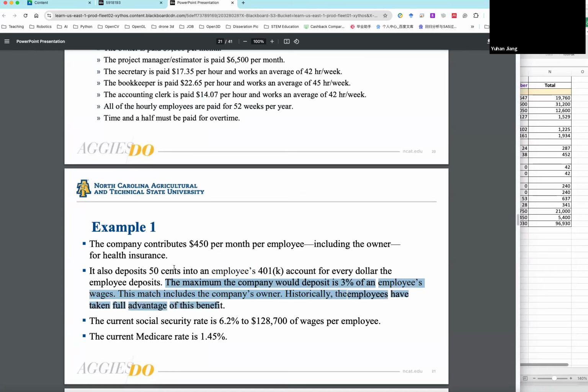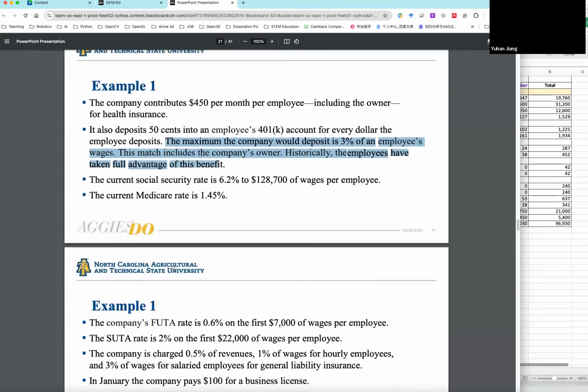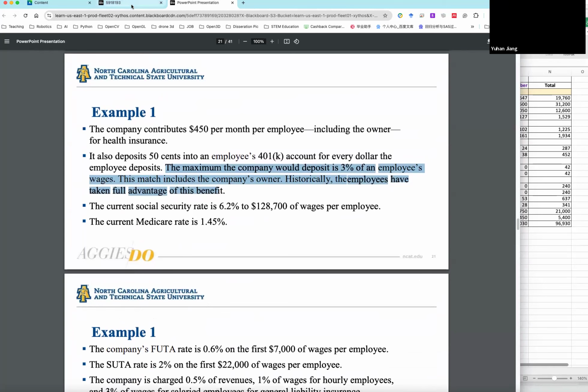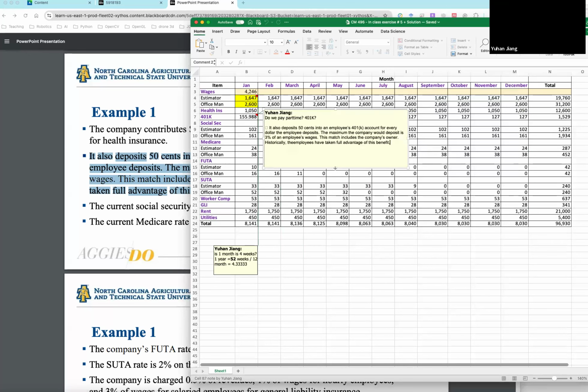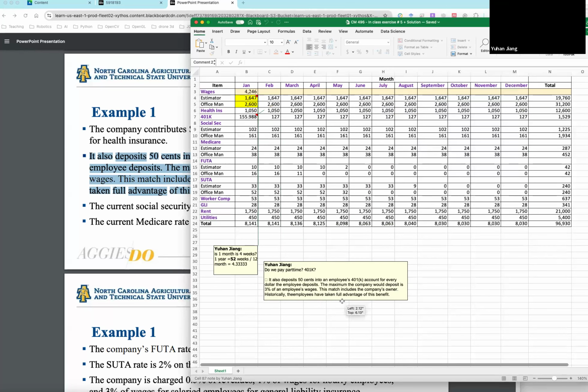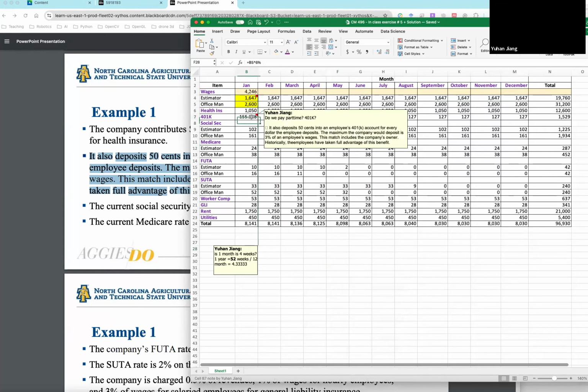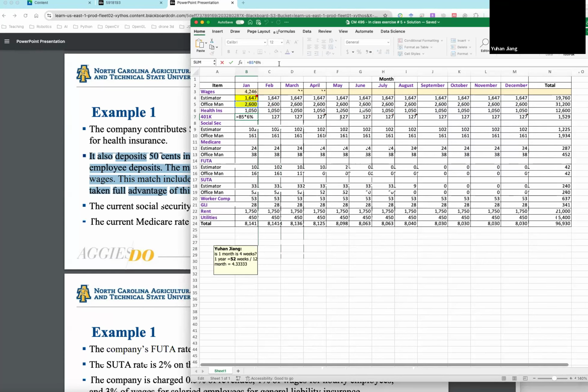So for the 401k, the number we're using is 3 percent of the wage generally. So we refer to the information from here, and I'm putting these notes here. So it will not be 6 percent, it will only be 3 percent.